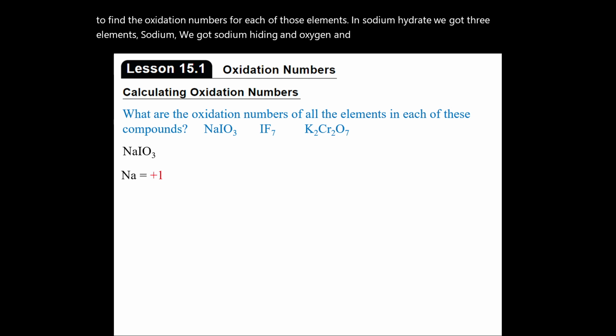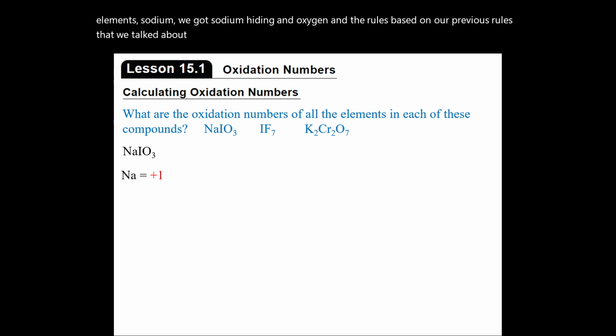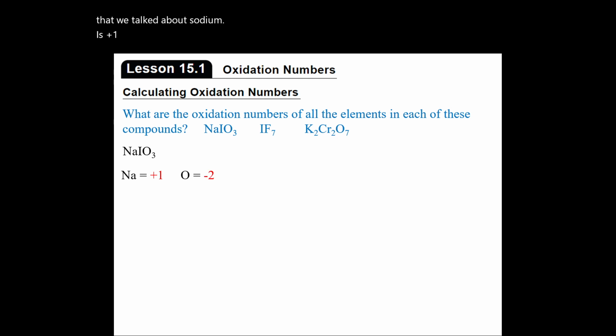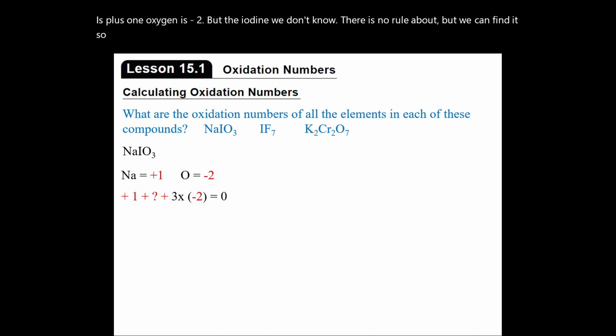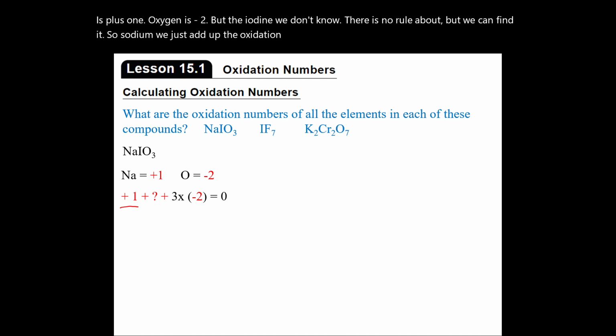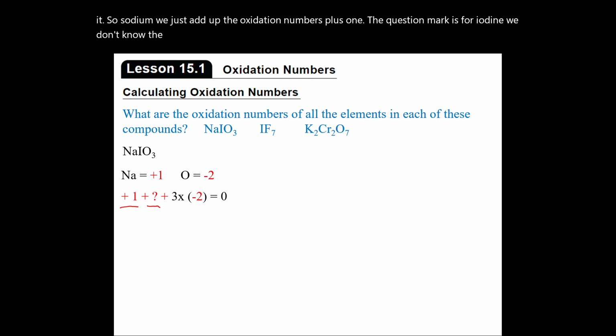Based on our previous rules, sodium is +1, oxygen is -2, but for iodine we don't know. There is no rule about it, but we can find it. So for sodium we just add up the oxidation numbers, +1. The question mark is for iodine. We don't know its oxidation number.